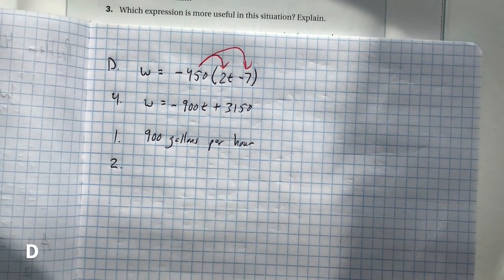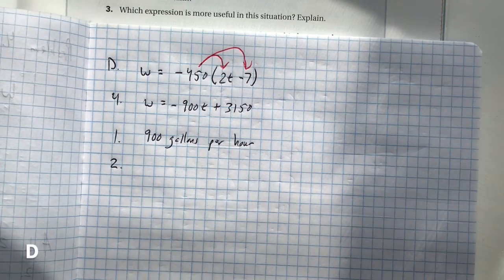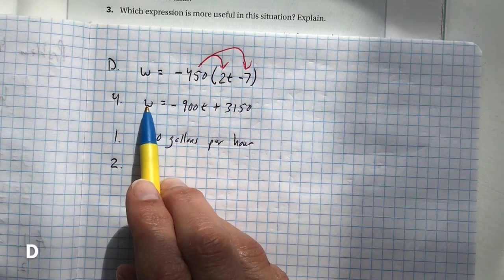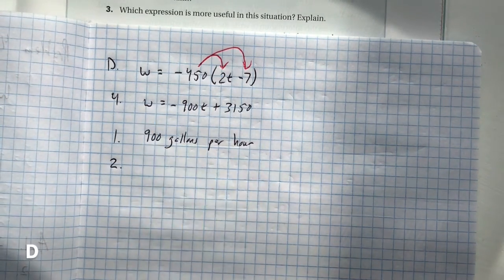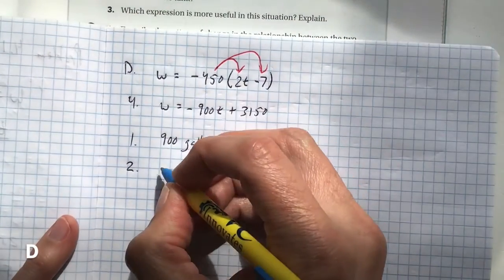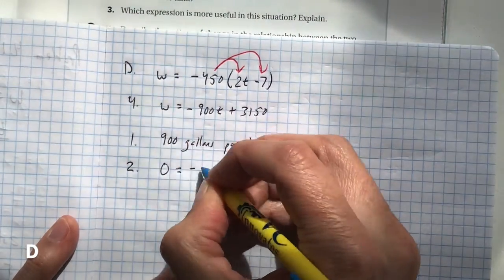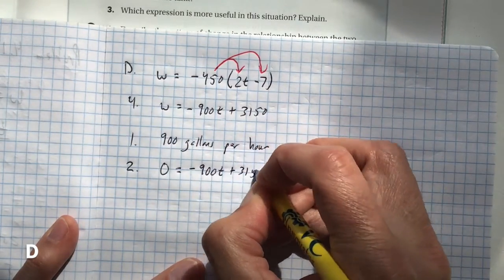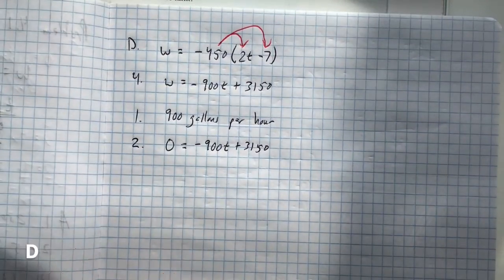So we might need to plug some numbers in or figure this out, or we could actually, like we did in the last problem, set W equal to 0. Like 0 would mean the water would be gone. So let's do it that way instead. So I have 0 is equal to negative 900T plus 3,150. Same process of solving equations.